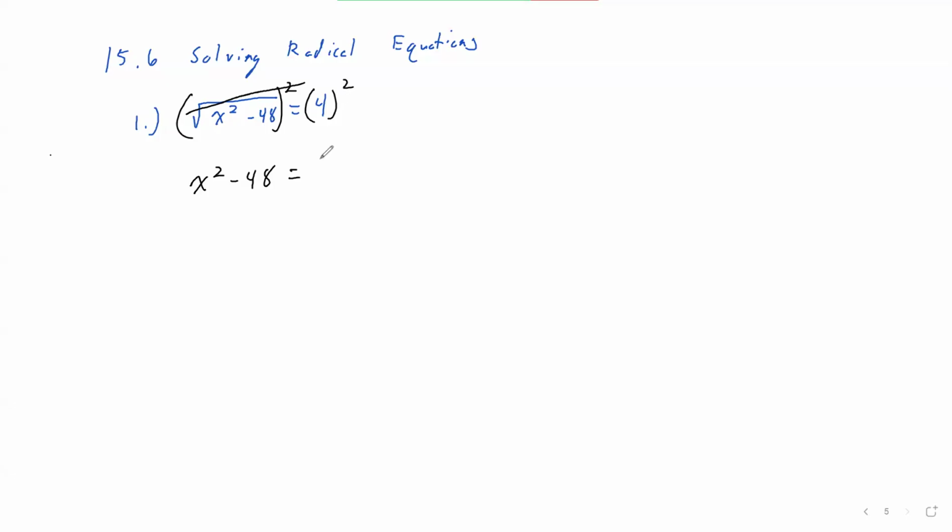Well, 4 squared would be 16. All right. And your two parentheses, right?